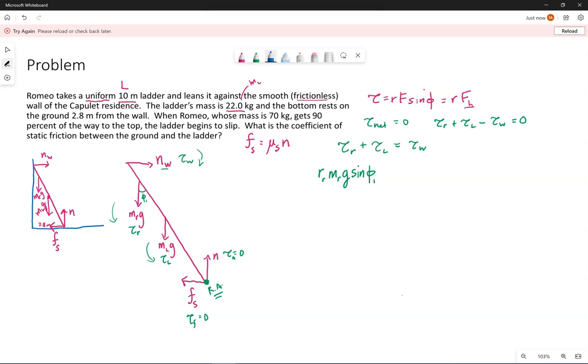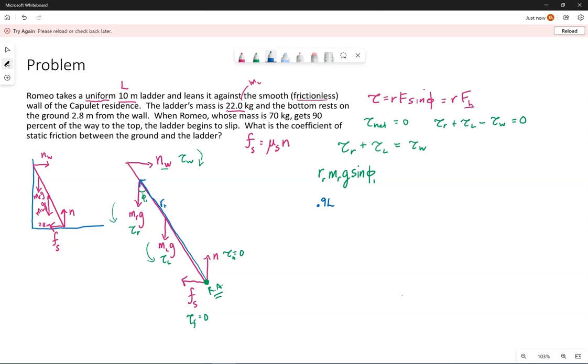And that's because whenever we draw in R, we start at the rotation axis and keep going until we get to the location where the force, in this case, the force of gravity due to Romeo, is applied. So this means R of Romeo. We're told that he gets 90% of the way to the top.